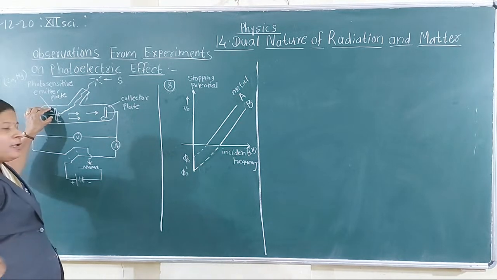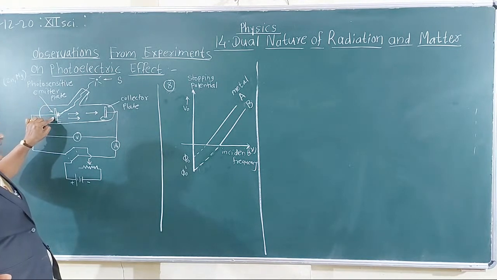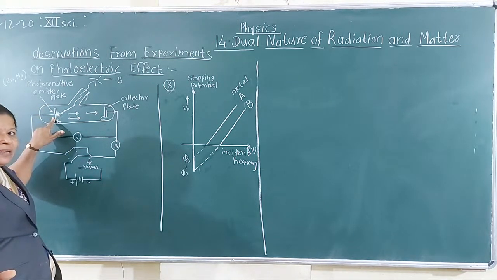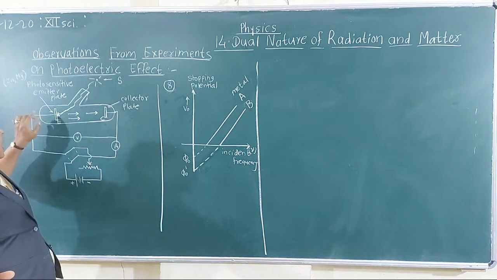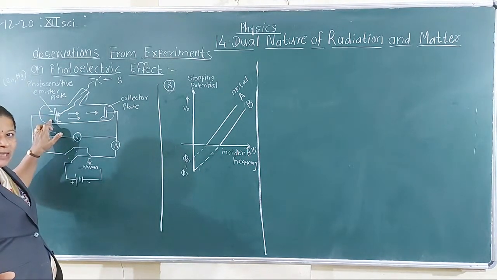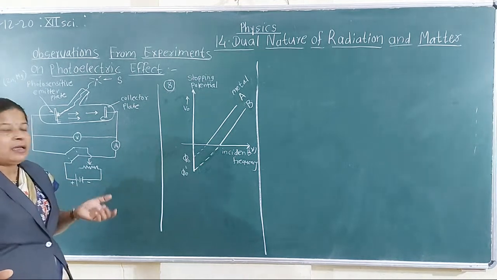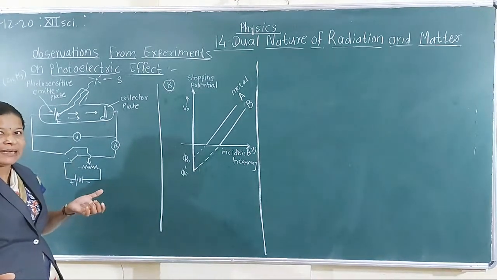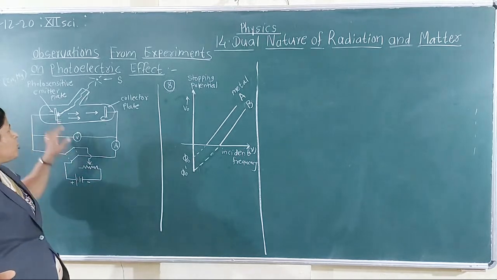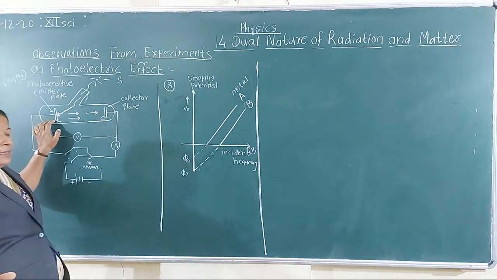We know that for this emitter plate we select alkali metals like zinc, magnesium and other alkali metals, because these metals are sensitive to light. So we have taken these metals as the emitter plate.